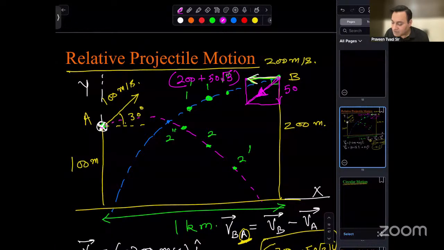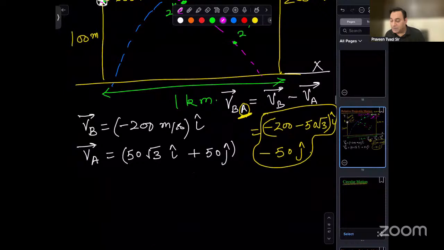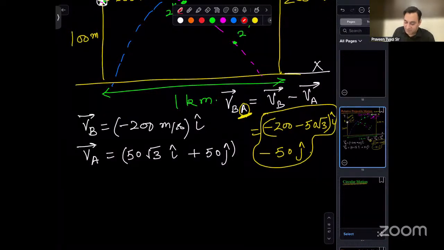Now there is a second part to this question. What is the relative acceleration of B as observed by A? This is going to make you feel how interesting this question is.